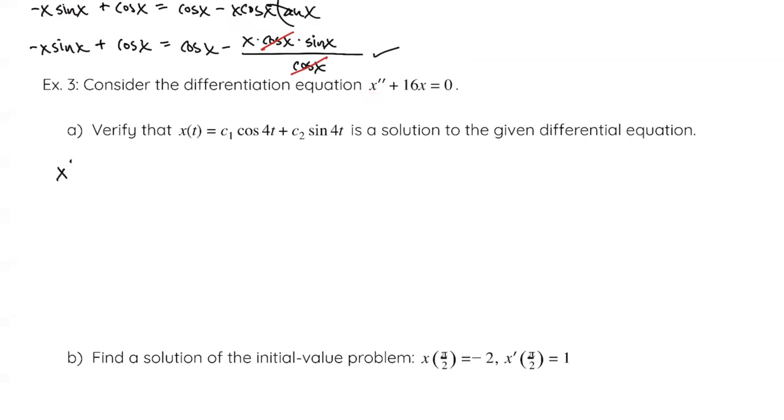So x prime of t, what do we get when we take the derivative of this first term? Maybe a better question would be, what rule do you need here? And we can assume that C sub 1 is a constant.